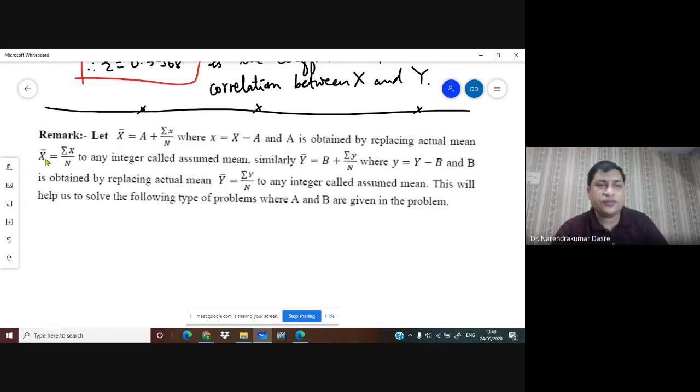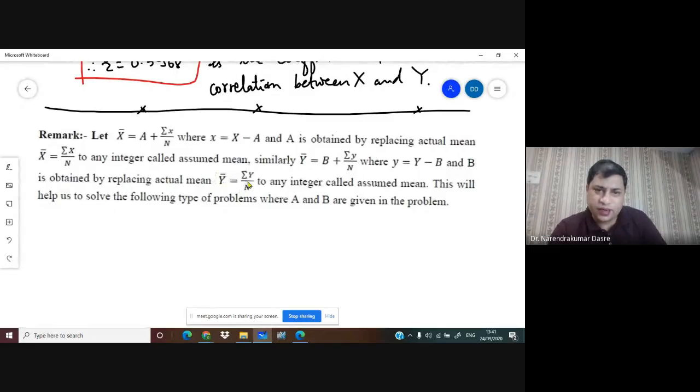Then we can have x bar is equal to summation X upon n, and A can be any integer. This is called the assumed mean. Similarly, we can go for y bar, and that's going to be B plus summation Y upon n, where Y is equal to Y minus B, and B is obtained by replacing the actual mean.